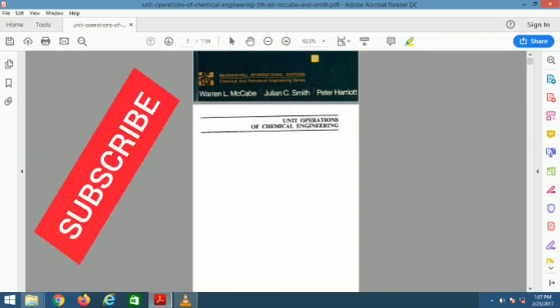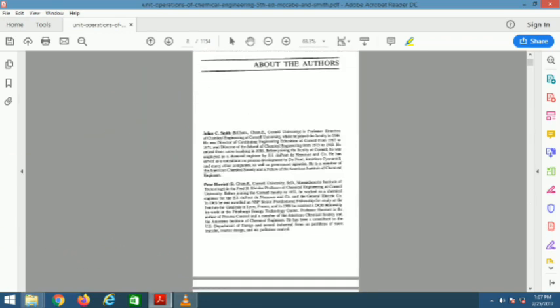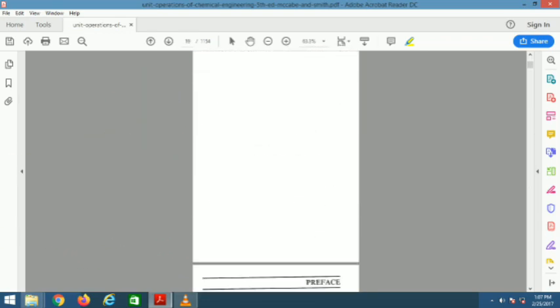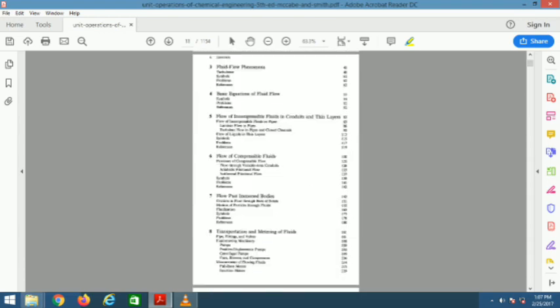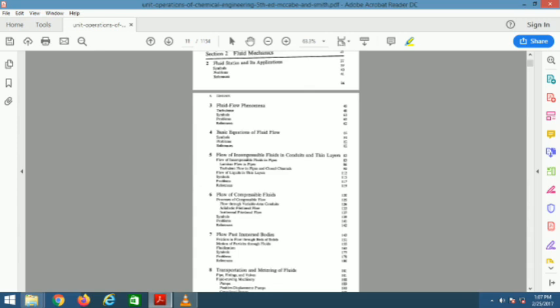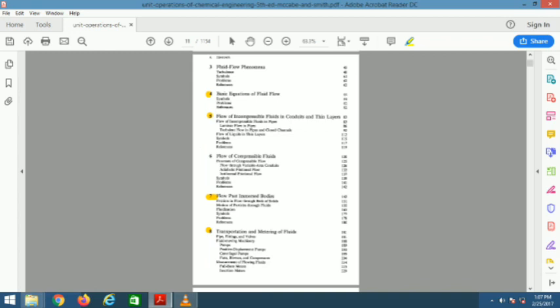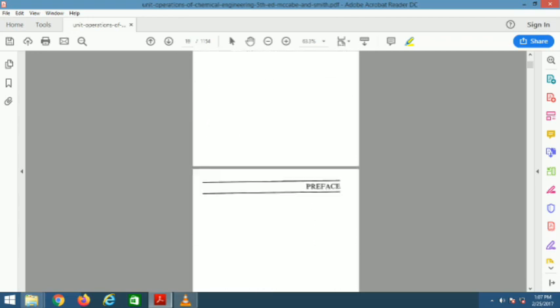So let's begin. Let's move on to the fluid mechanics section, and before that, let's get to the contents. For us, the 4th, 5th, 7th and 8th chapters are the most important ones to go through for fluid mechanics at the undergrad level.